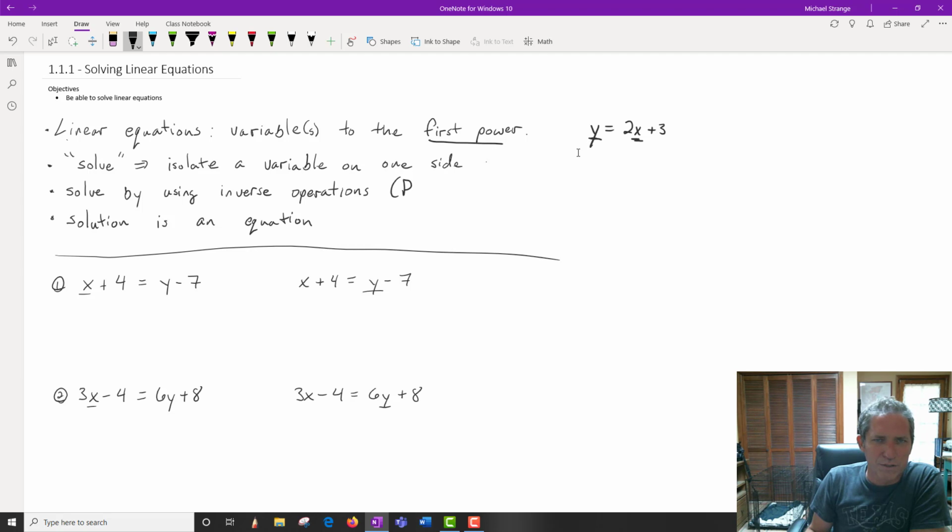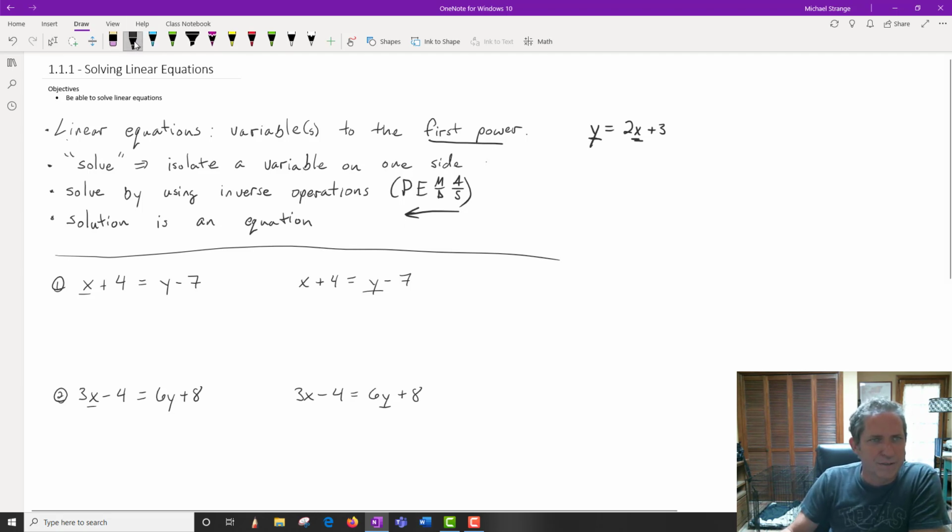Your order of operations, multiply, divide, add, subtract: instead of going this way, we go this way when we're solving. So we'll do any adding and subtracting first, then multiplying and dividing, then exponents, and then parentheses. Remember, PEMDAS is backwards. And your solution, like I said before, a lot of times it's just going to be a new equation, and that's fine. That's solved.